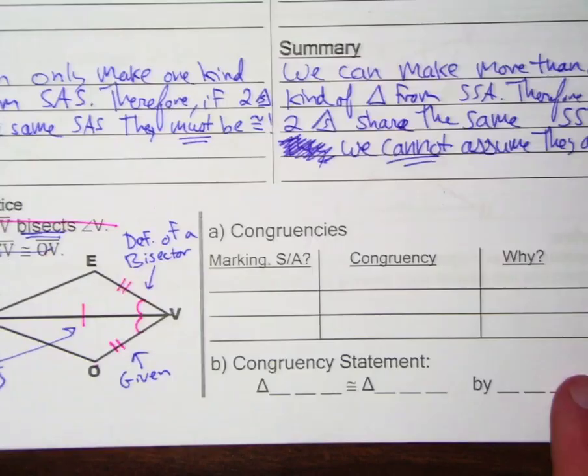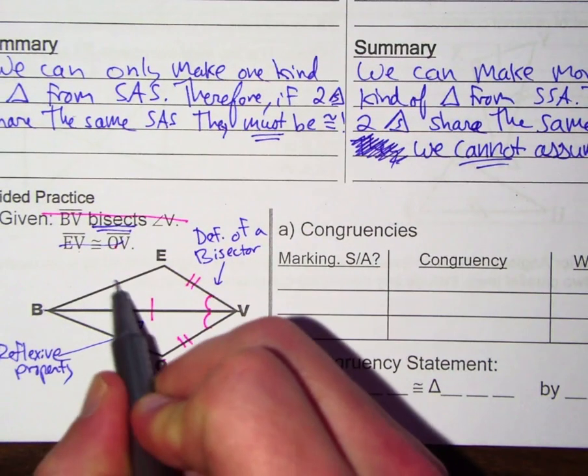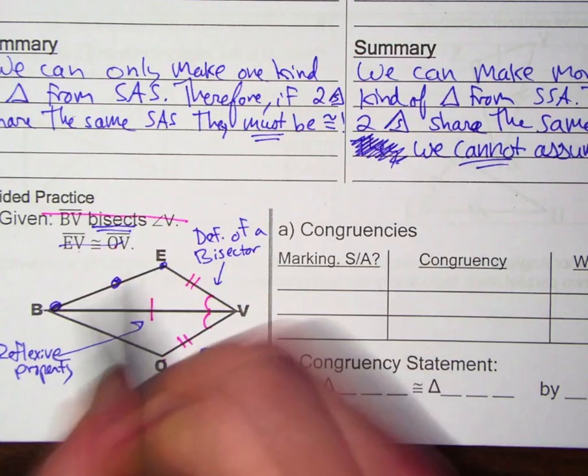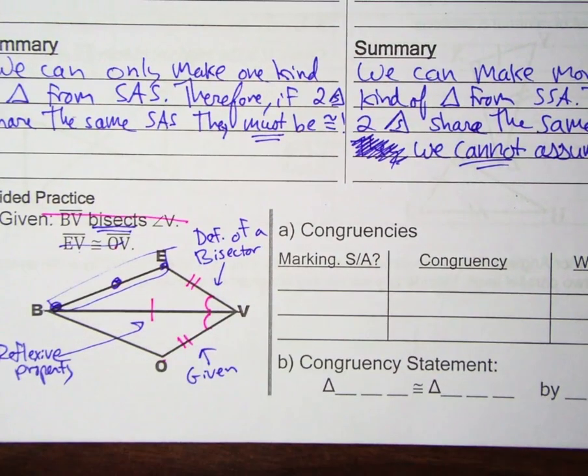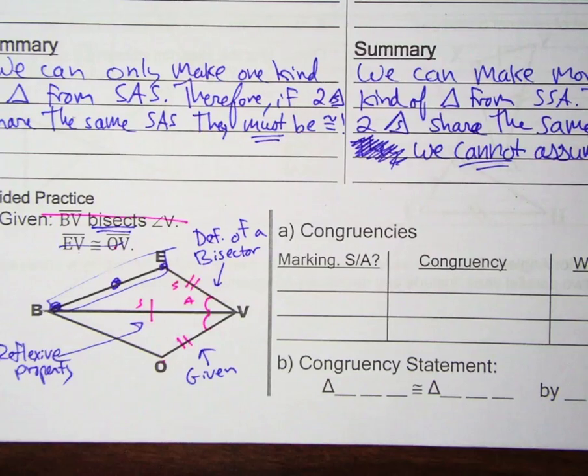Let's go ahead and just line everything up now. Before I do that, I have to put down my dots. No mark here, here, or here. So I have side, angle, side.